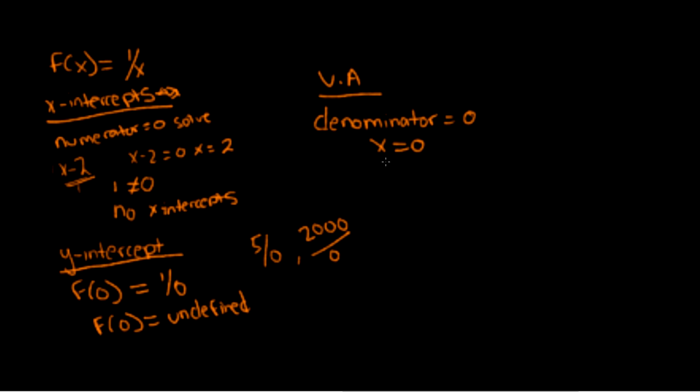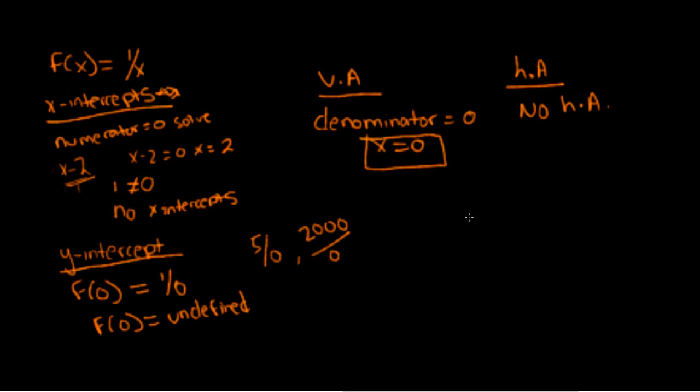So we know that the vertical asymptote occurs at x is equal to 0. Now, the horizontal asymptote, there's no such thing as a horizontal asymptote where the numerator is just a number, when it's a constant, just 1 or 2 or 2 million or 2000 or 500. So there are no horizontal asymptotes.